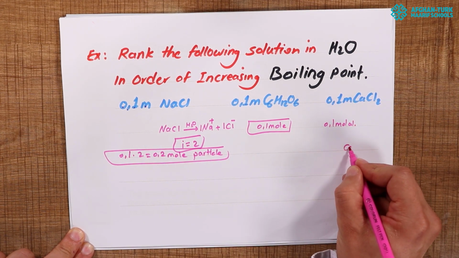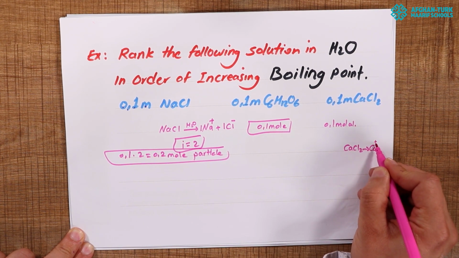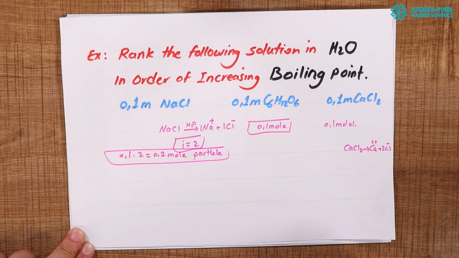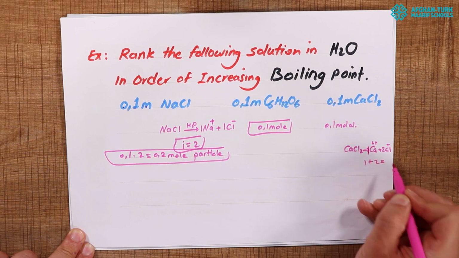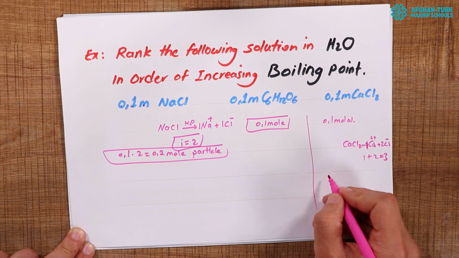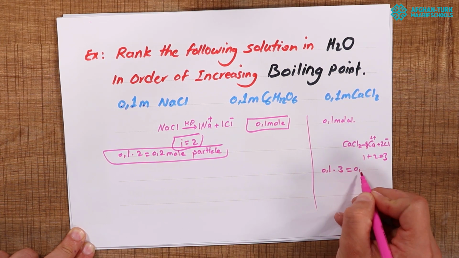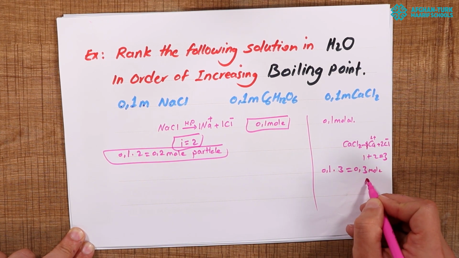How many particles does it have? It dissociates into 3 particles: one calcium ion plus 2 moles of chloride ion. 1 plus 2 is equal to 3 particles. 0.1 times 3 is equal to 0.3 mole particles.